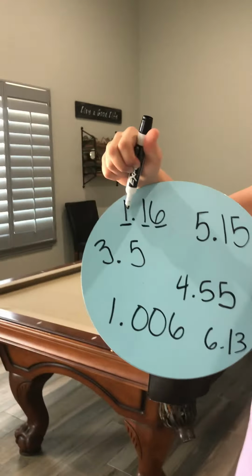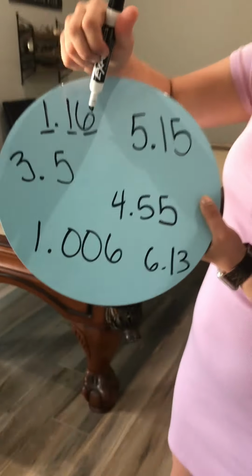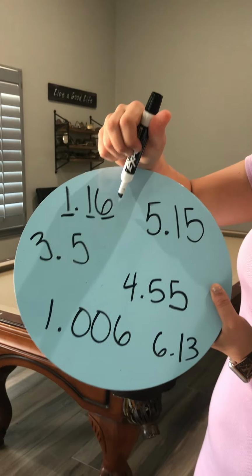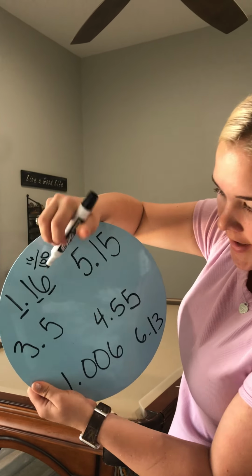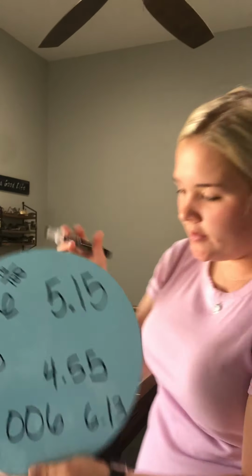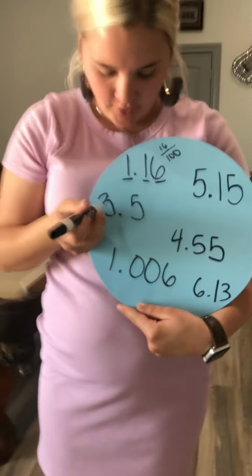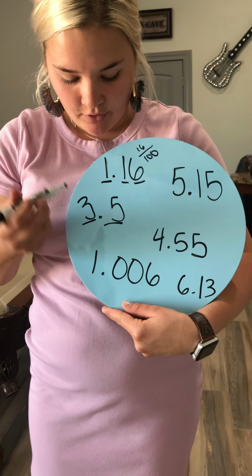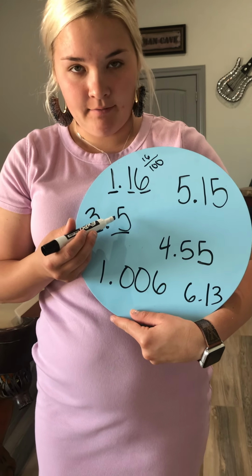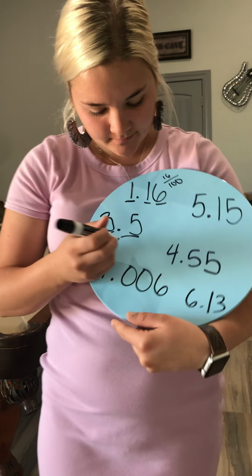So we're going to have 1, and this shows 16, so 16 hundredths. Since it's in the hundredths value, you can also do this, which is the same as this. So for the next one, here we have 3, your whole number, and we only have a tenths value, so 3 and 5 tenths.